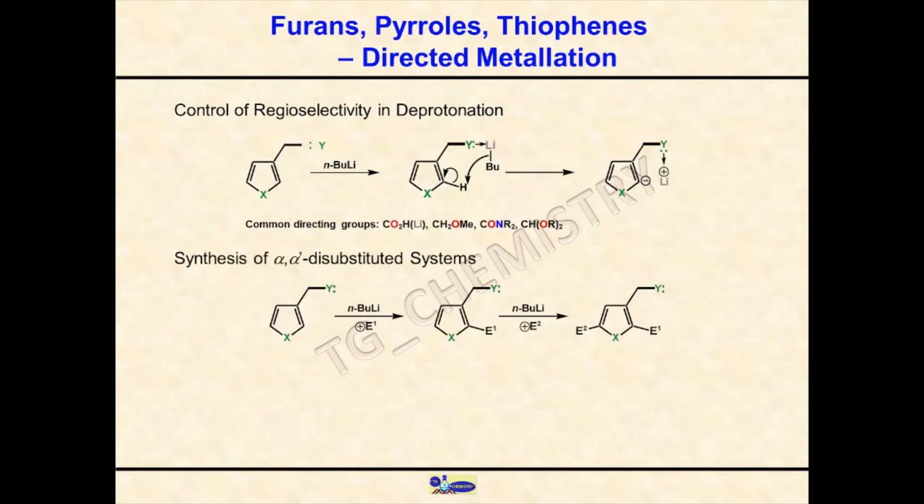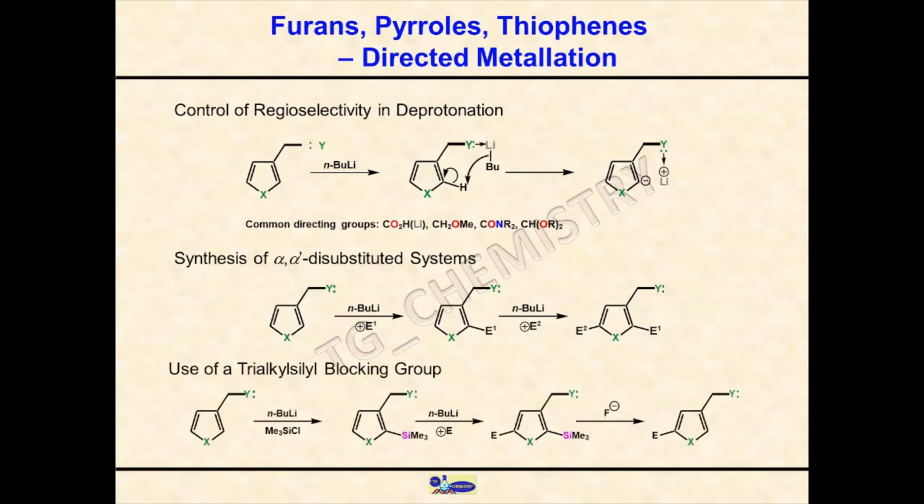Another one is the synthesis of alpha prime disubstituted systems. In a similar way, you can have the electrophilic substitution at the 2 position, followed by a similar procedure, which will eventually lead to the 2,5 disubstitution, the electrophilic substitution for these heterocycle derivatives being followed by the directed metallation process. Another one is the use of a trialkyl silyl blocking group at the 2 position of the heteroatom ring.